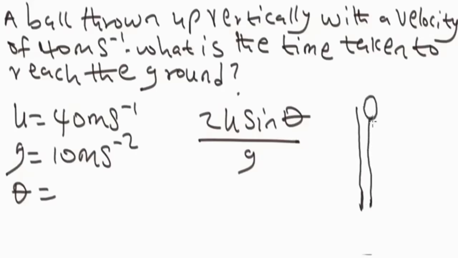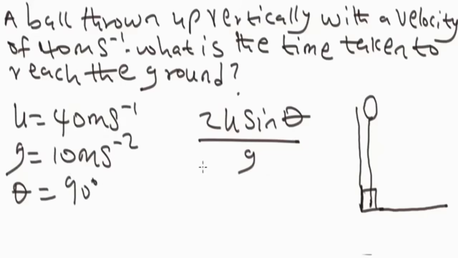Now as the ball is going up, the individual standing beside this wall has already made a connection with the ground. This is the ground, right? We are standing on the ground. Looking at this, you can see that you have already formed an angle of 90 degrees as you threw the ball up vertically. So our theta will be 90 degrees.